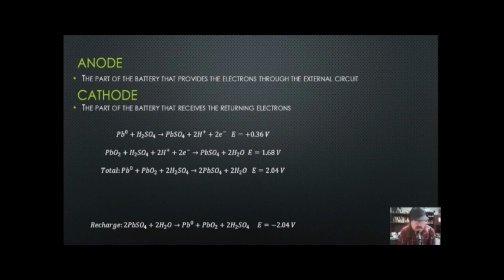By keeping it in constant contact with the plate, it allows us to put the active material back where it needs to go. And so we can keep using this for many, many years, so long as you keep a few things in mind: you don't allow it to get fully discharged and you don't allow it to stay discharged for a long period of time. The battery can last for a very, very long period of time.